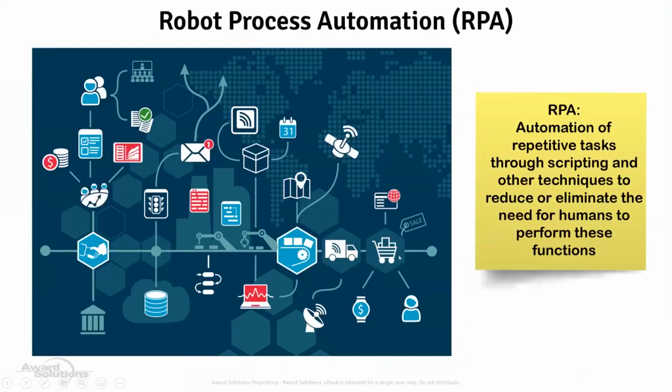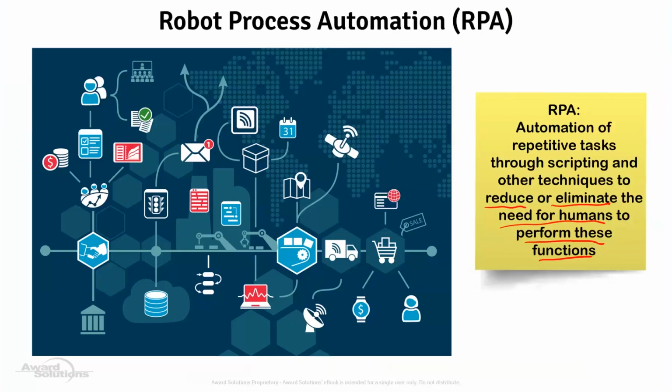So what robotic process automation is doing is automation of repetitive tasks through scripting, as well as other techniques. And our goal is to reduce or eliminate the need for humans to perform these tasks. When you think about RPA, and this is where the term robotic process automation comes from, think about a software robot.